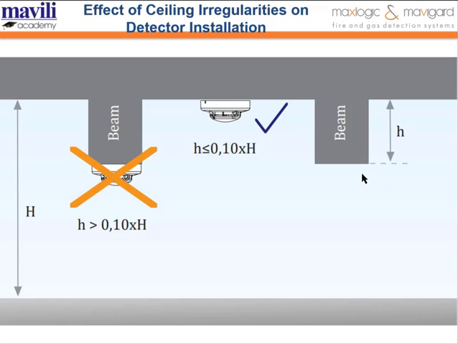For example, if we have a room height of 3 meters, beams with a depth of up to 29 cm can be ignored, and the detectors can be installed as if the ceiling were flat. When doing this, the detectors should not be mounted directly on the beams, but rather placed in the spaces between the beams.